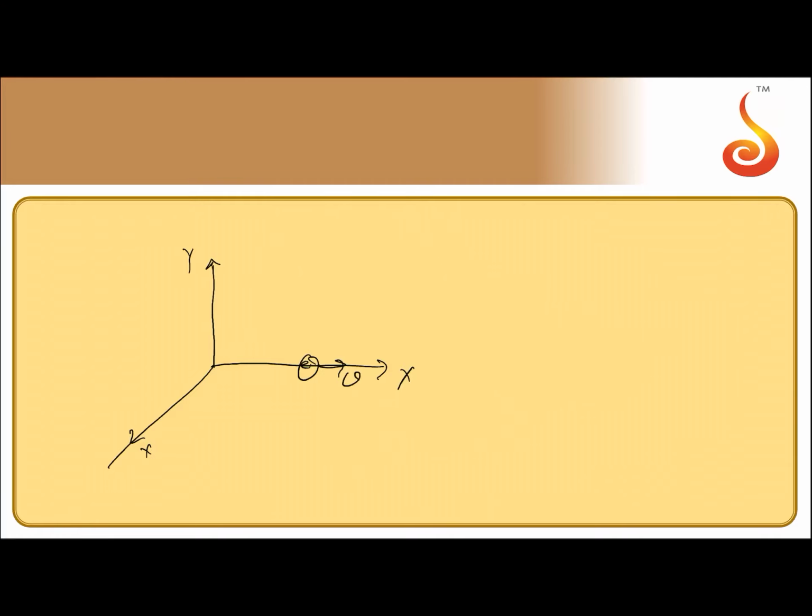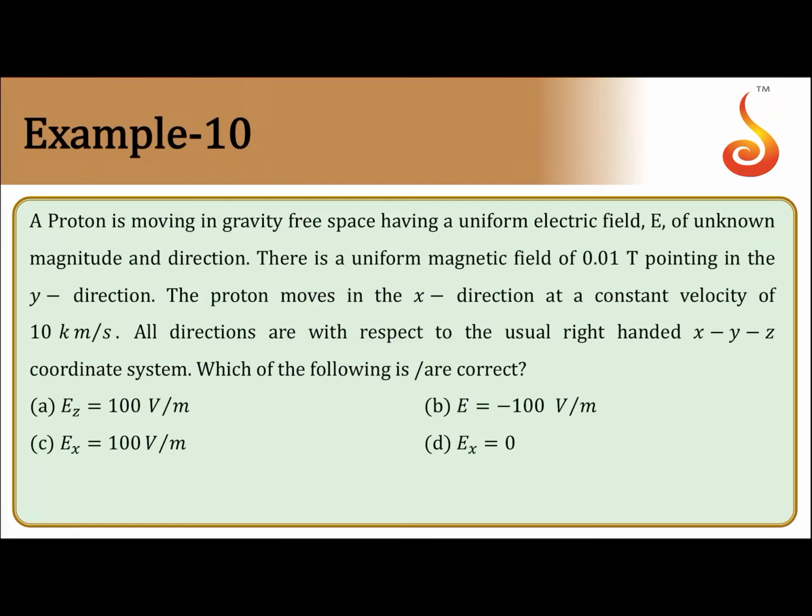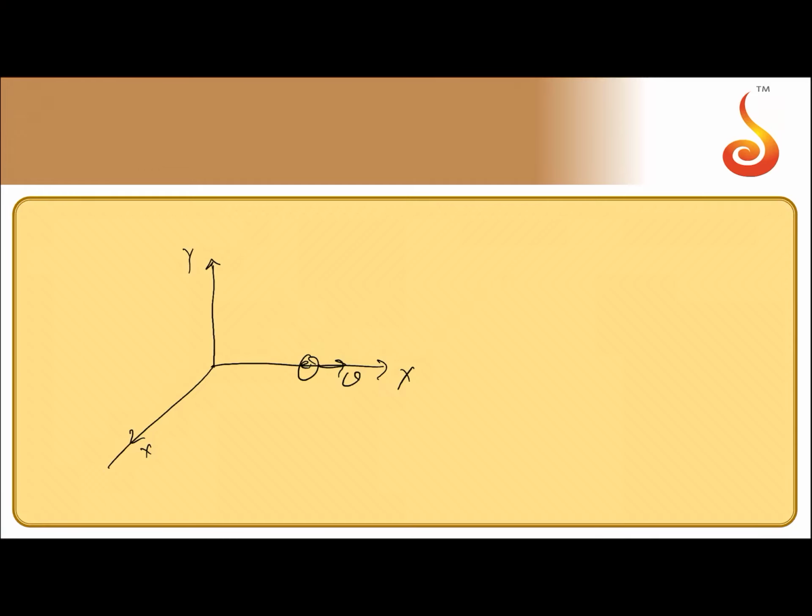Velocity is in this direction and the magnetic field is pointing in the y direction. So the magnetic force, V cross B, will be in the z direction.